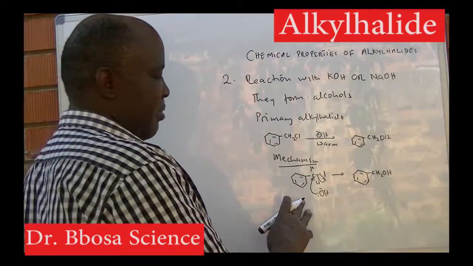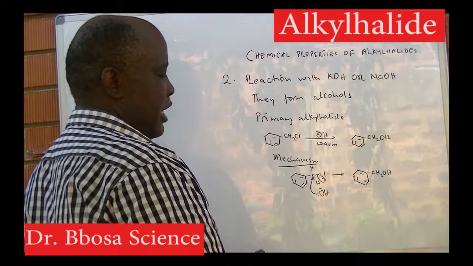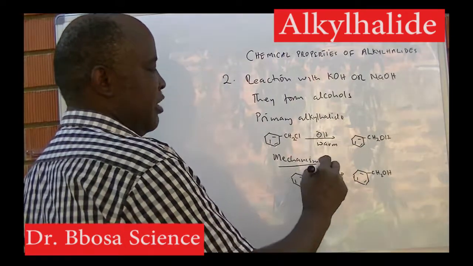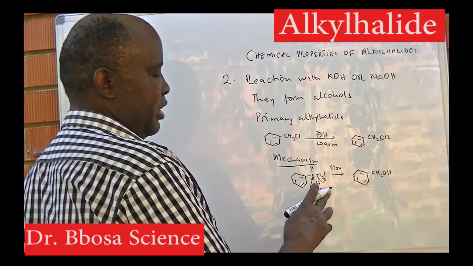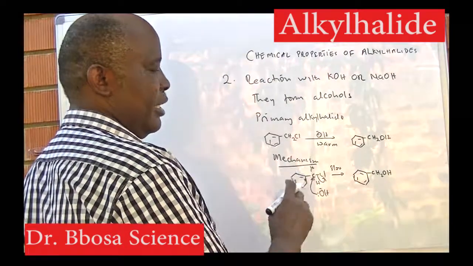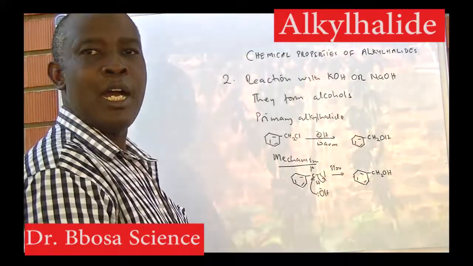The mechanism is described as SN2, because the slow step involves two molecules, the OH ion and then the alkylhalide.